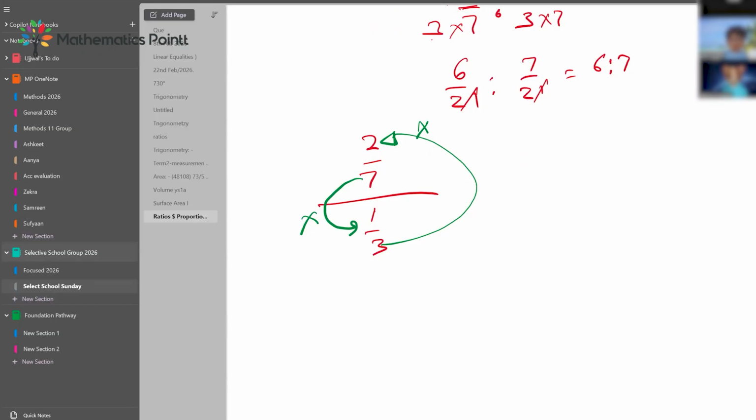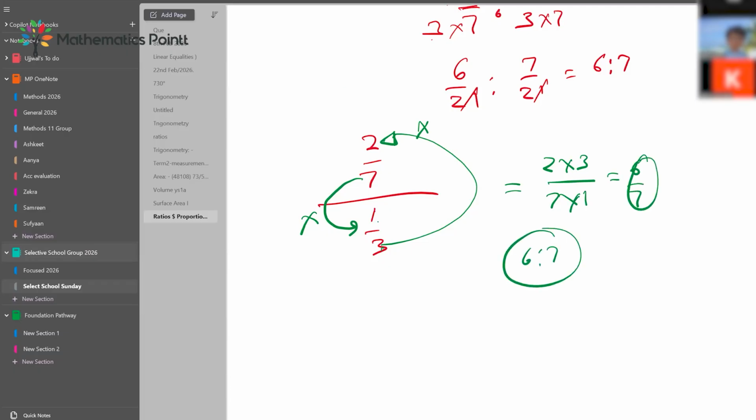I hope you got my English right. So now, what have I done? 2 multiplied by 3 over 7 multiplied by 1. Hang on, you got the same answer. No need to get into the ratio. Very, very simple and a very, very beautiful trick.